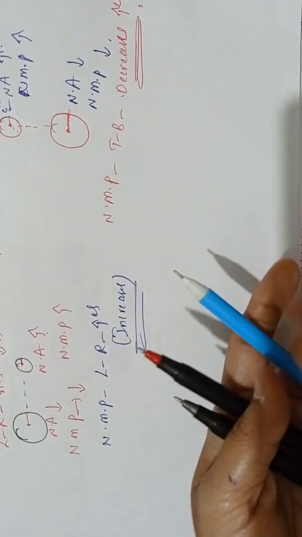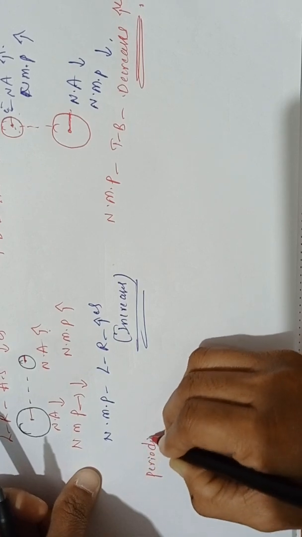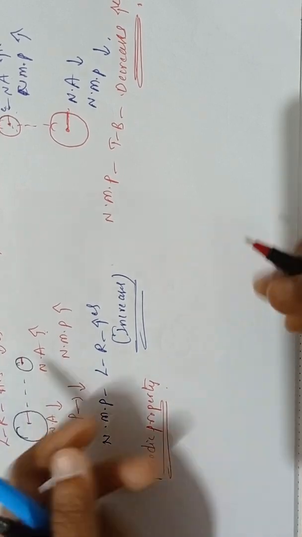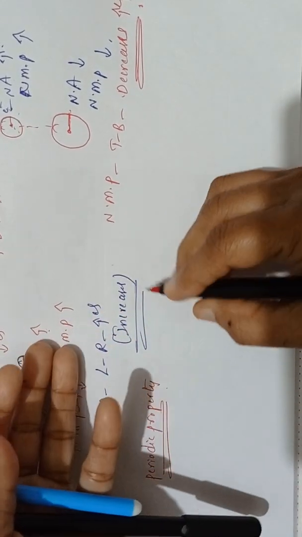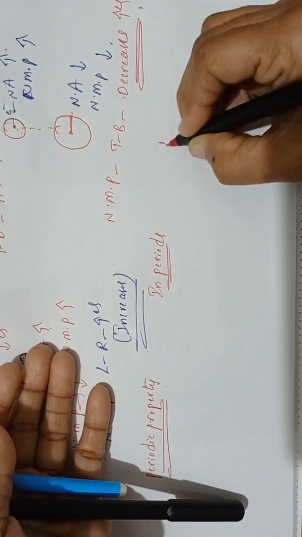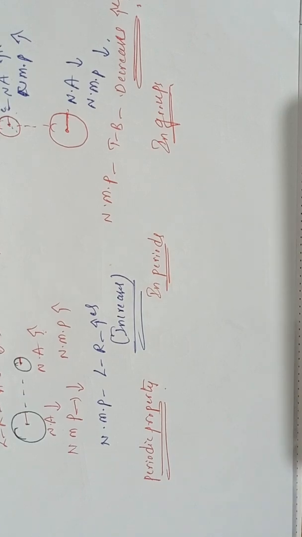Okay, so here, students, first column periodic property, second column in periods, next in groups. Here I will discuss the 7 properties.